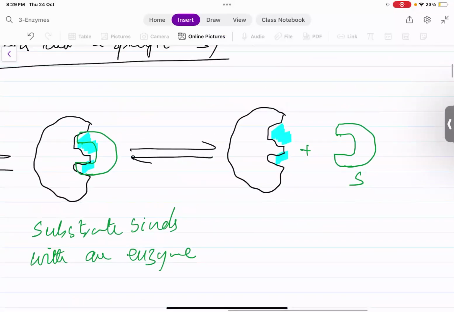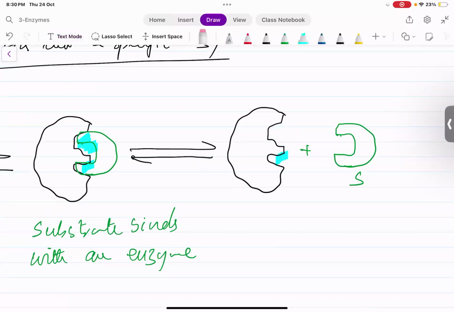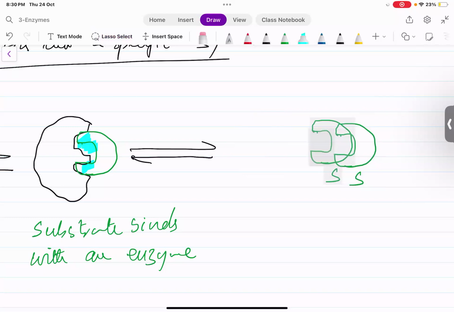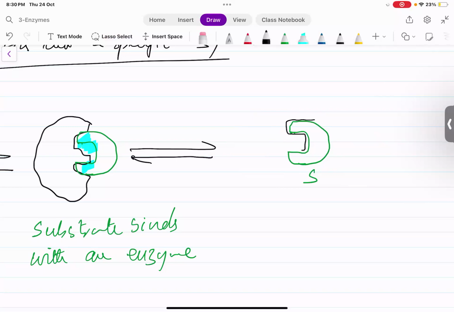When it binds with it, it induces the change in the shape of an enzyme, so that the shape of an enzyme is now complementary to the shape of a substrate.